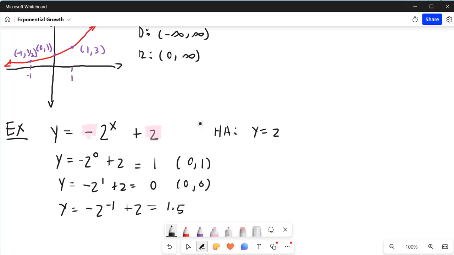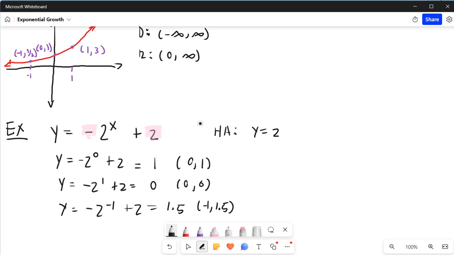So we have 1.5. You'll see that as you make these values even smaller, this part, the -2 to the x, is going to get smaller, which means that it's never going to reach 2. Okay. So we have -1 and 1.5.